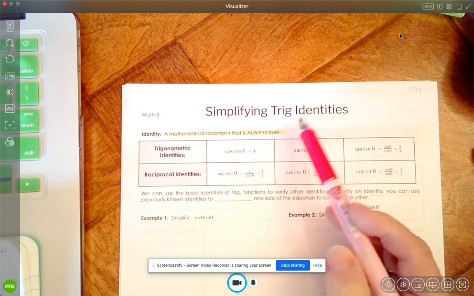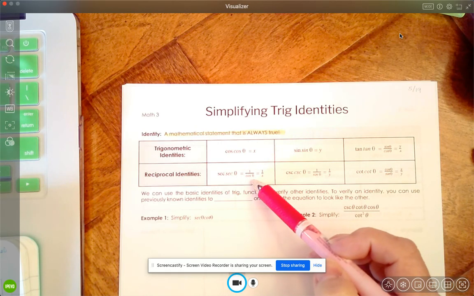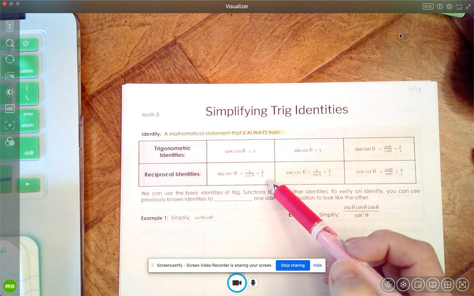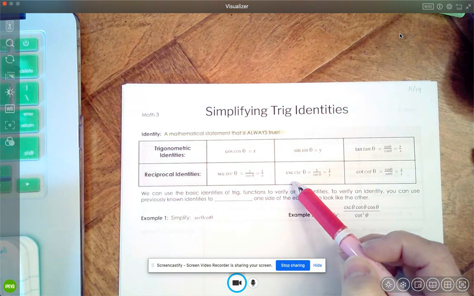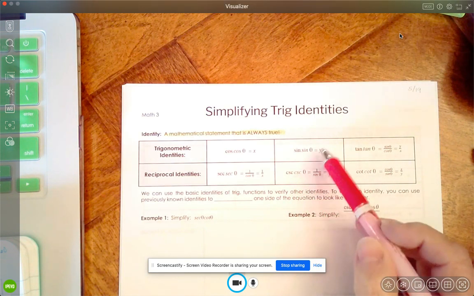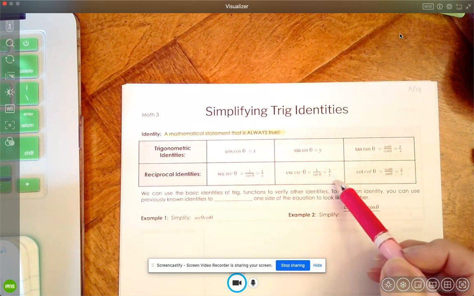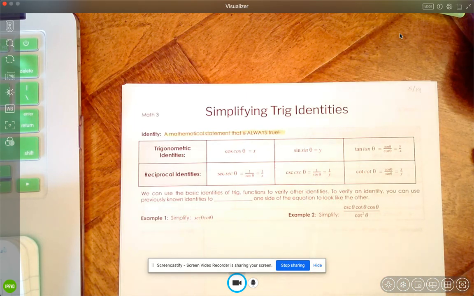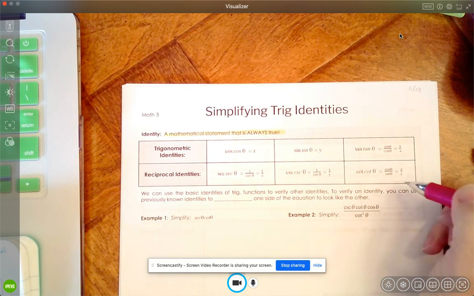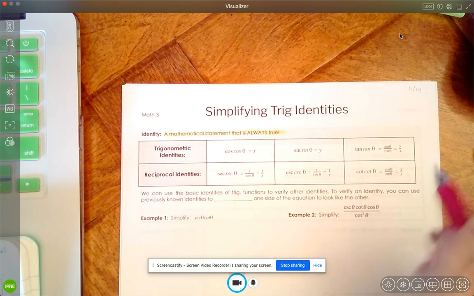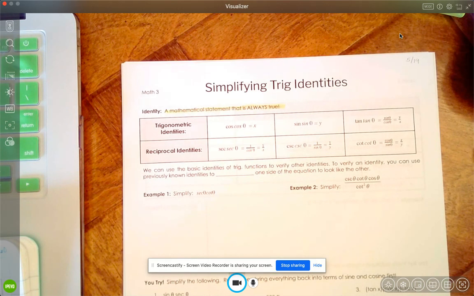The secant of an angle is 1 over the cosine of the angle, or 1 over x. The cosecant of an angle is 1 over the sine of the angle, or 1 over y. And then the cotangent, which is the cosine of the angle over the sine of the angle, or x over y. We can use basic identities of trig functions to verify other identities.